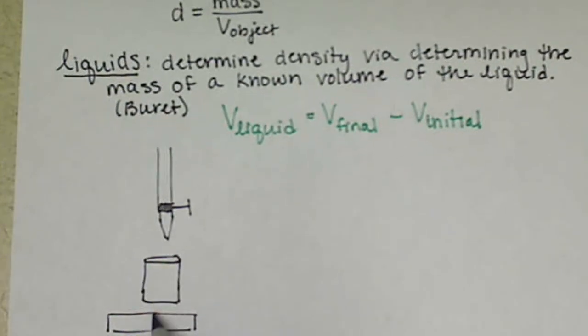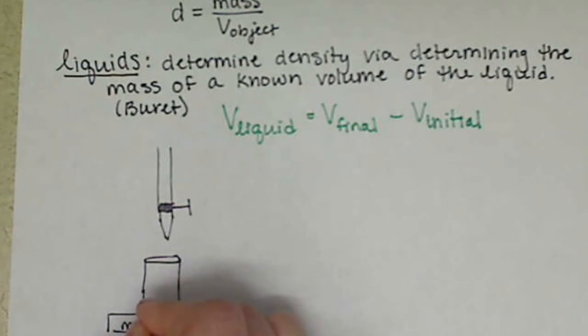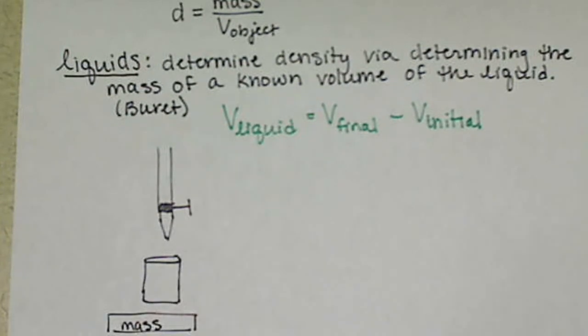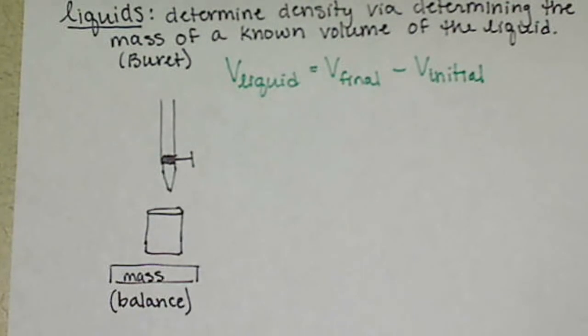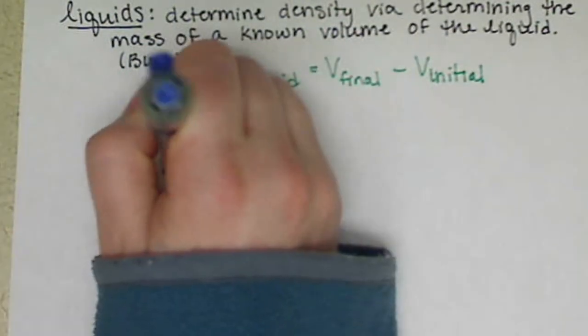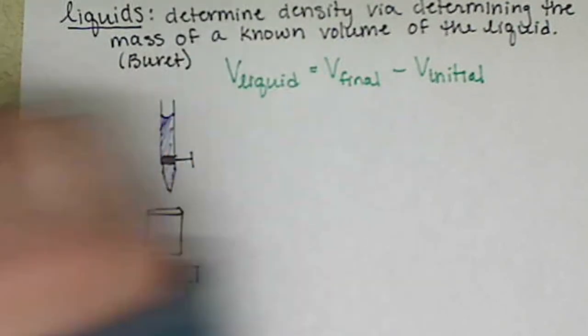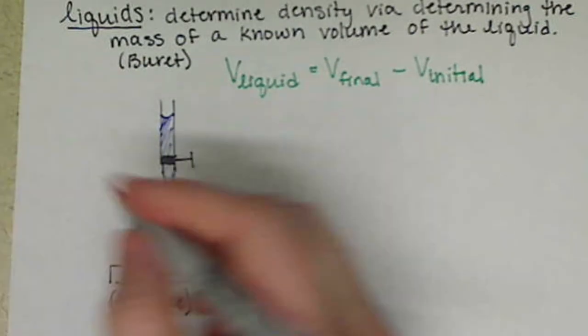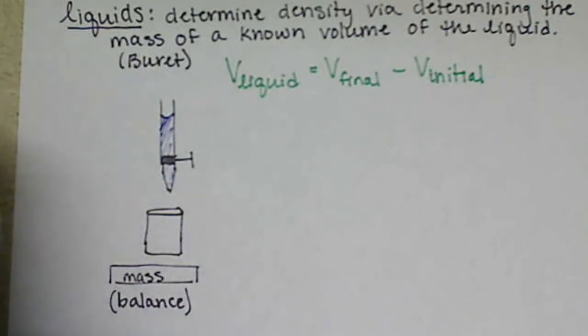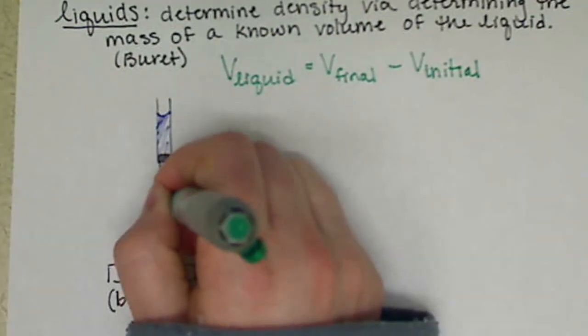Okay. And our beaker either is going to have some sort of mass here, or sometimes we can what's called tare or zero out our balance. Okay, so this is our balance here. So if we have a known amount of liquid in there, we then drain some of that liquid into our beaker.